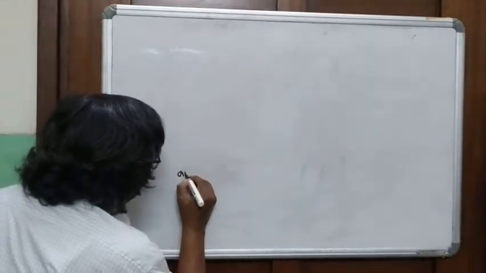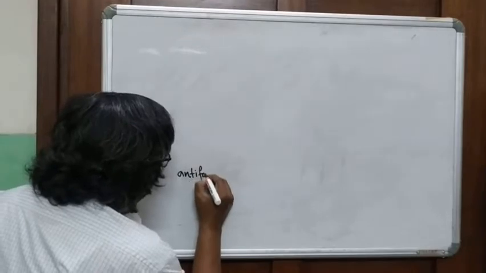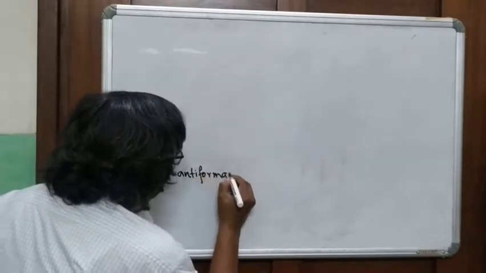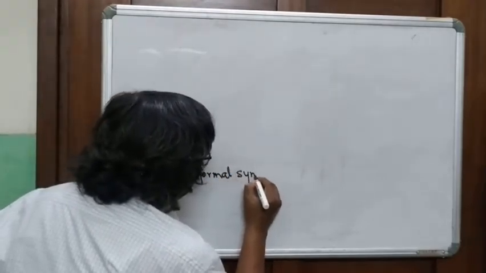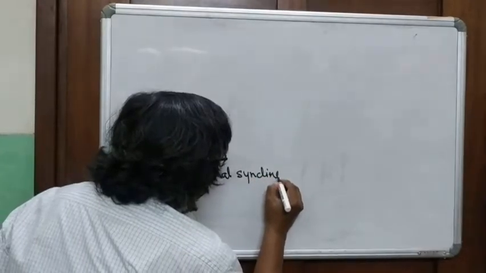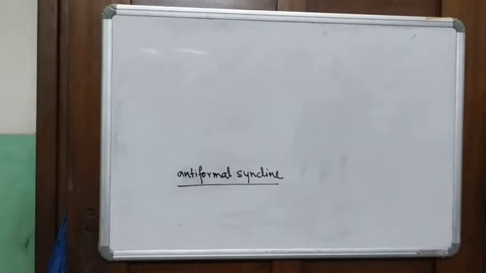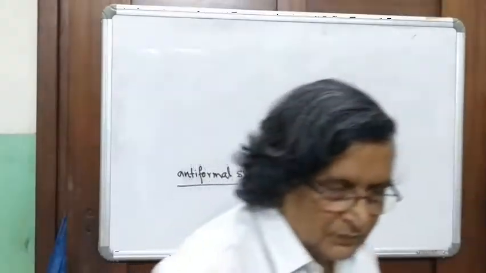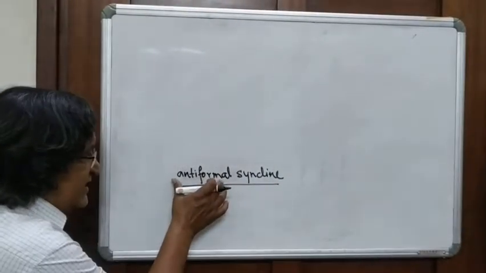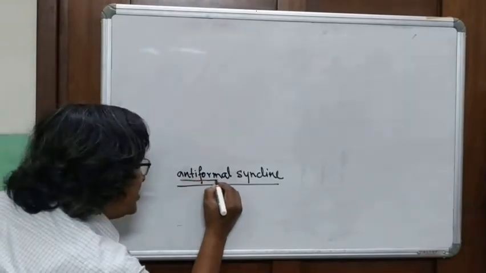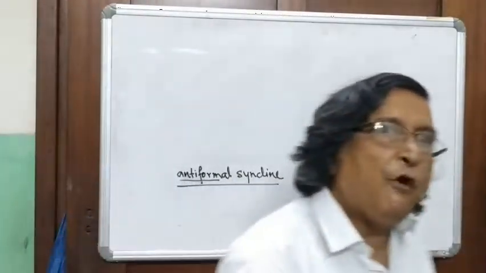Now we talk of something else. I say there is something called an antiformal syncline. Say I tell you this is an antiformal syncline. What is it? So it is essentially, as the name says, it has an antiform.